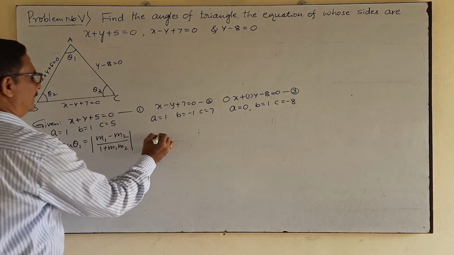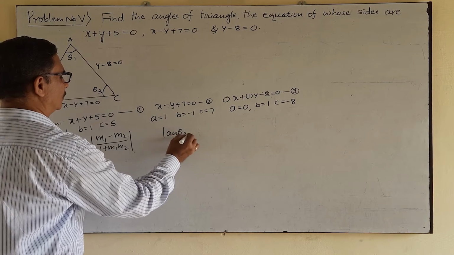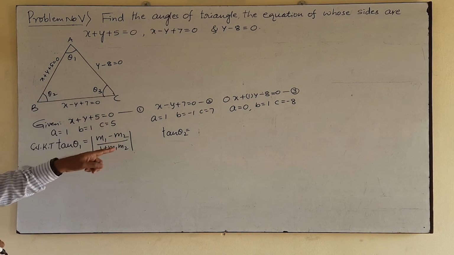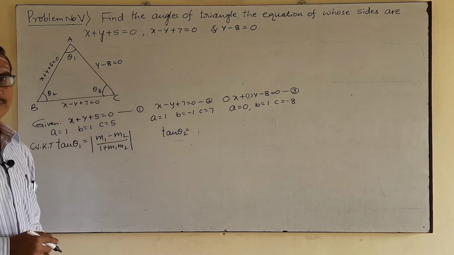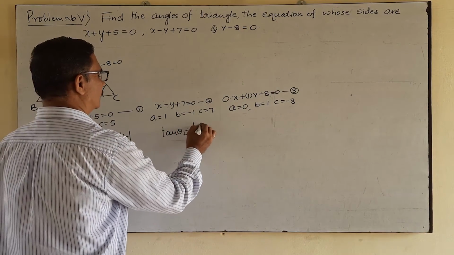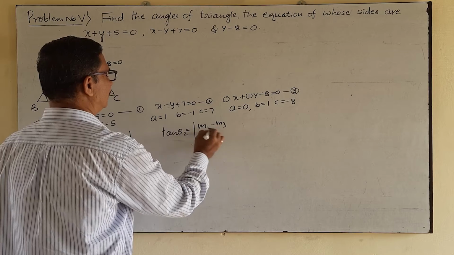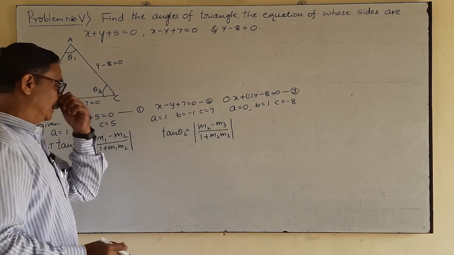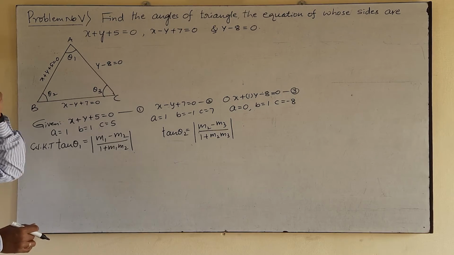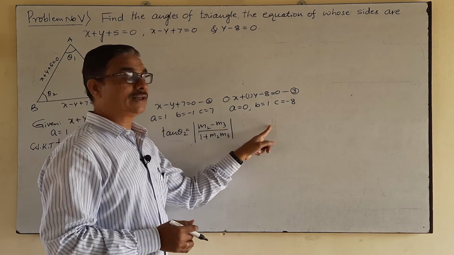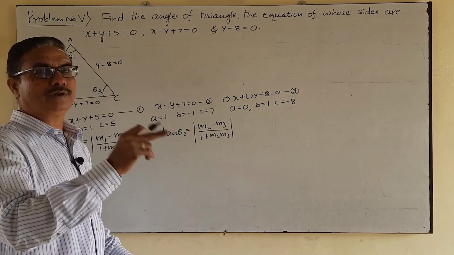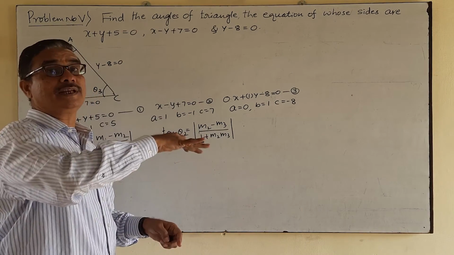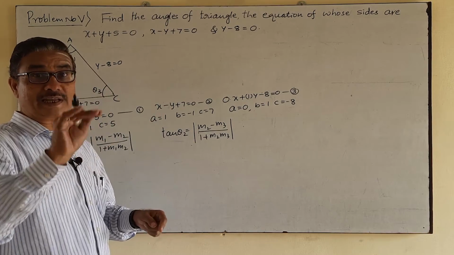Then the second angle, tan theta 2 is equal to modulus of m2 minus m3 divided by 1 plus m2 m3. Then theta 3 is the angle between the remaining two lines, in cyclic order m1 m2, m2 m3, then m3 m1, not m3 m4, because there are only three angles.